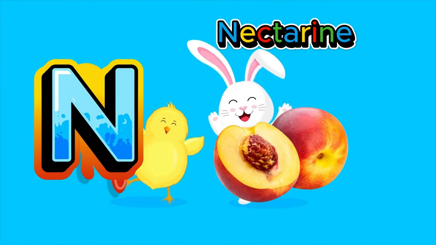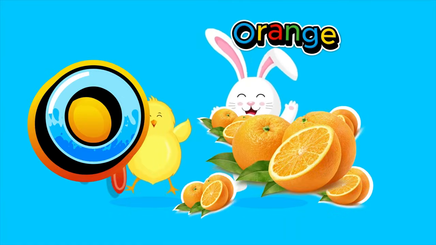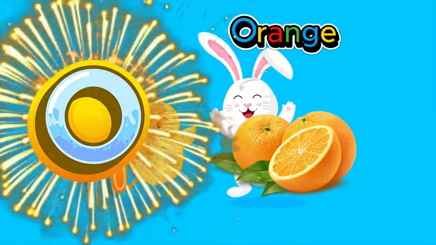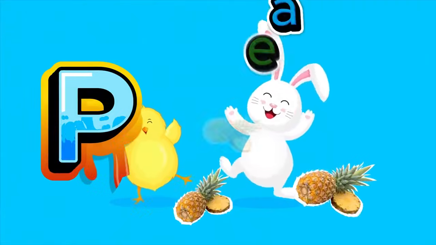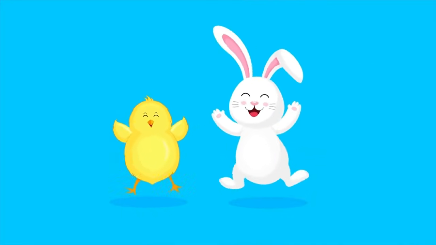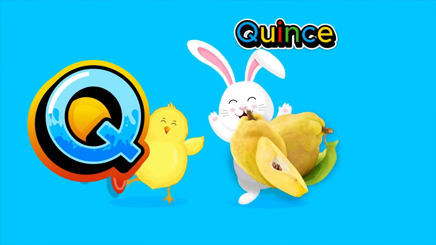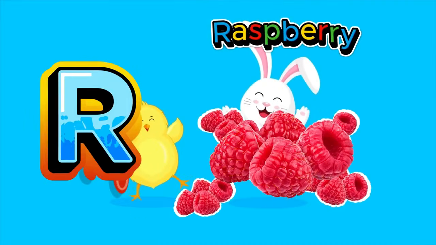N is for nectarine, nectarine. O is for orange, orange. P is for pineapple, pineapple. Q is for quince, quince.